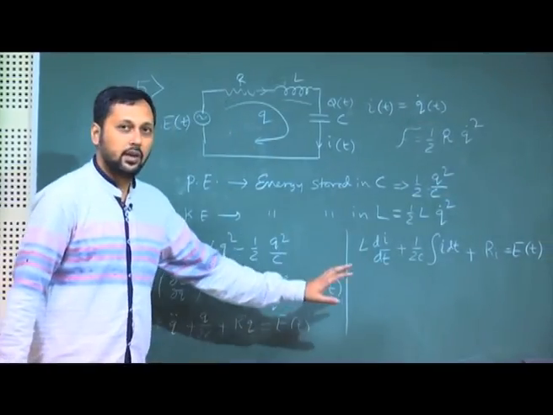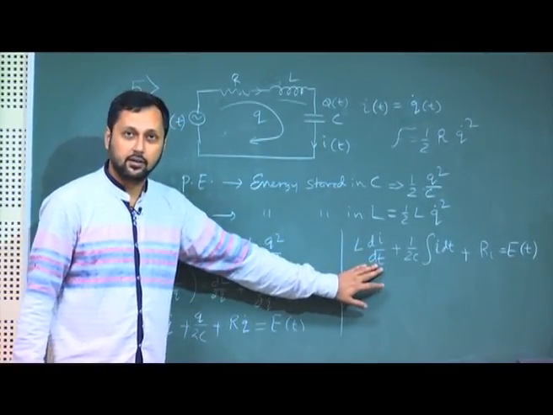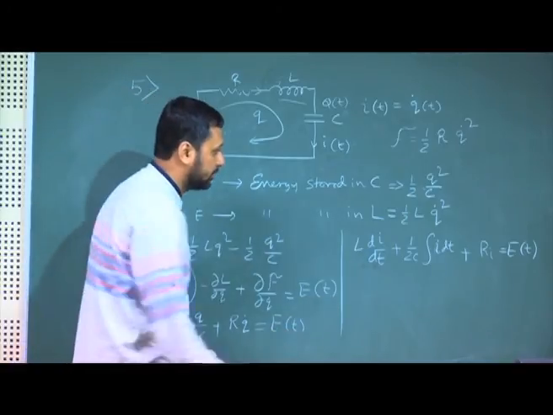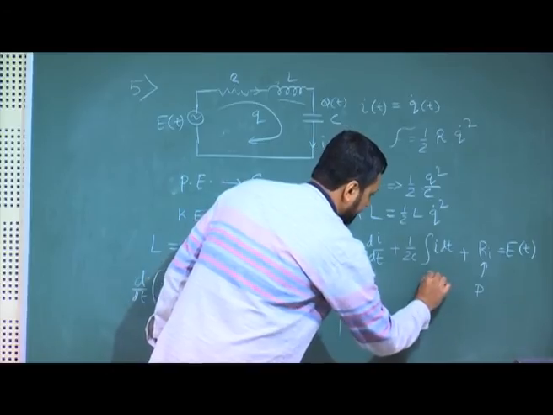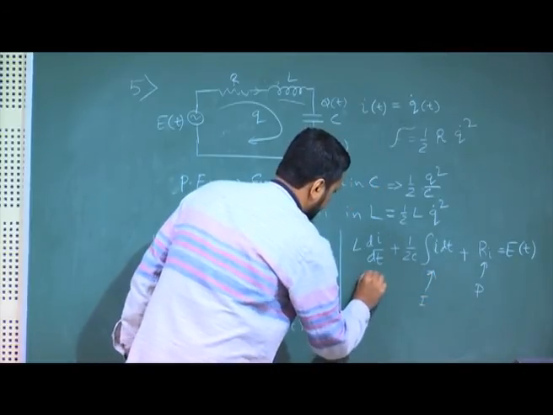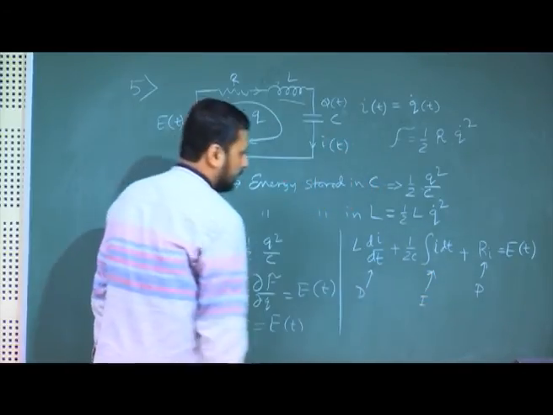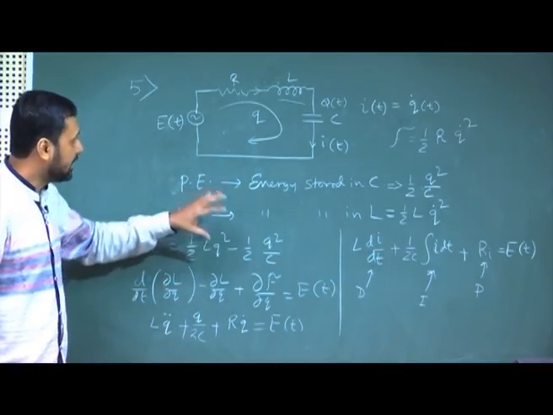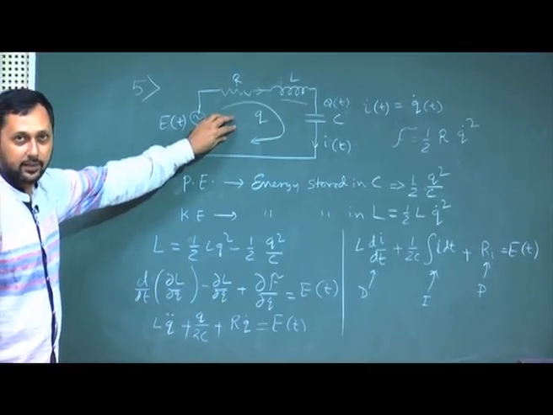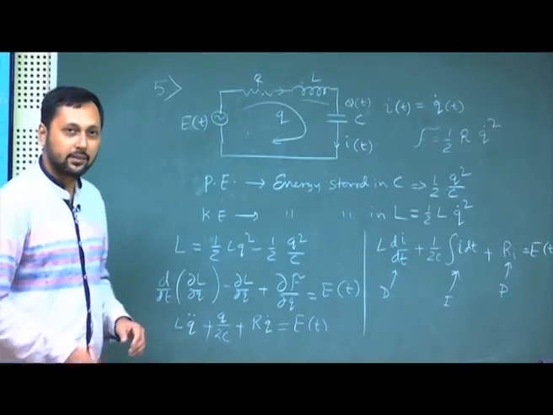Now, if any of you are familiar with PID control, this is the proportional term, this is the integral term and this is the derivative term. So, basically what we have written is the PID equation of an LCR circuit here. Okay. So, I hope it makes sense.